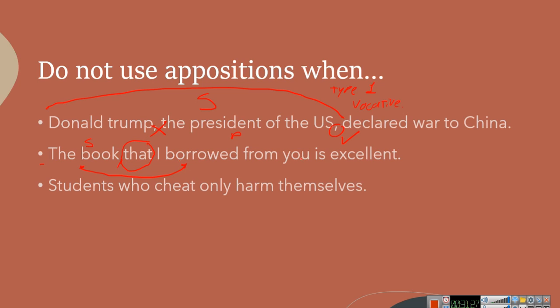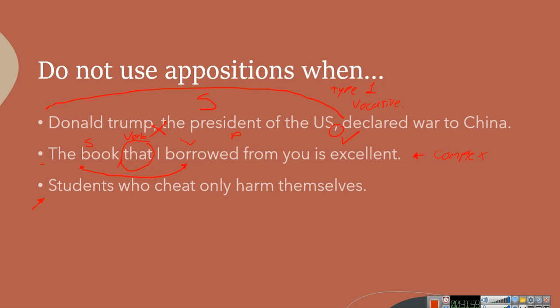That one that I borrowed from you is excellent. So this is why we don't have to use a comma, because this word, that, is acting very similar to a verb. And this type of sentence we call a complex sentence. Why is it complex? Because it doesn't have a verb after the subject, but it has a conjunction before the verb, that is borrowed.